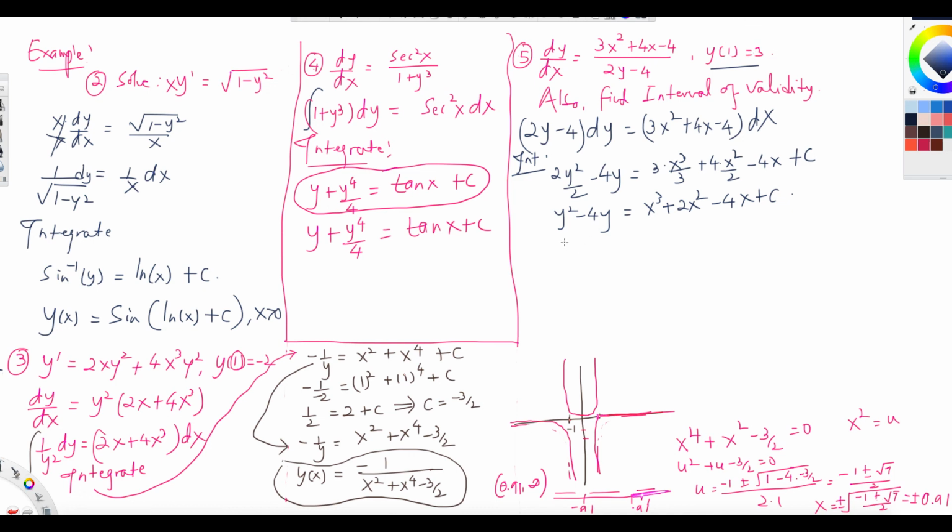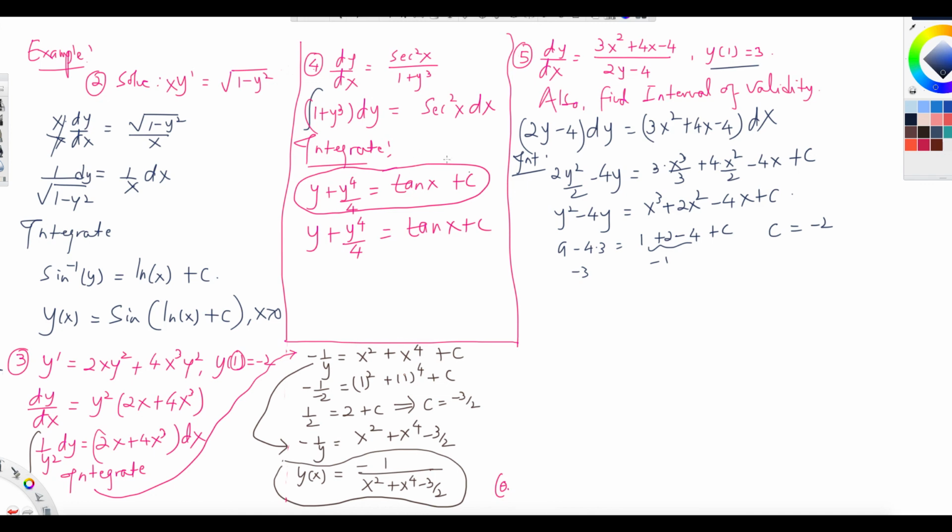So 9 minus 4 times 3 equals 1 plus 2 times 1 is 2, minus 4 times 1 is 4, plus c. 1 plus 2 is 3 minus 4 is negative 1 on here, and 9 minus 12 is negative 3. So what you get is c is negative 2, right?